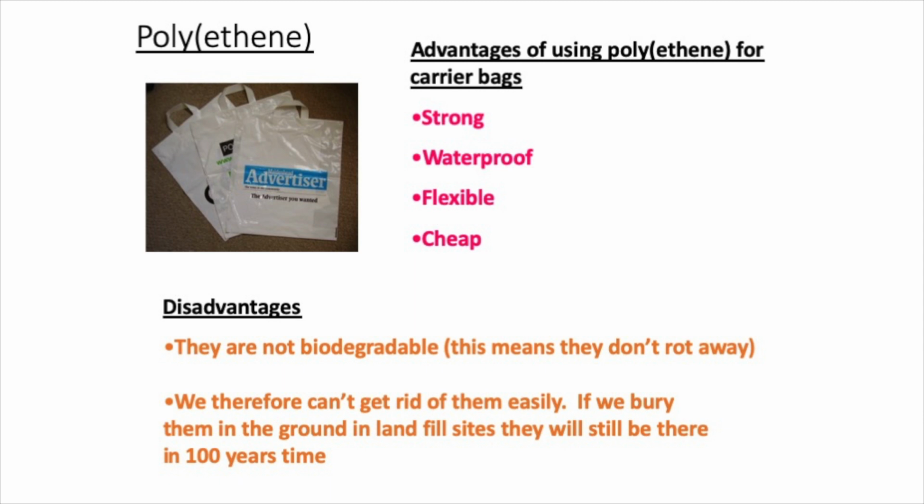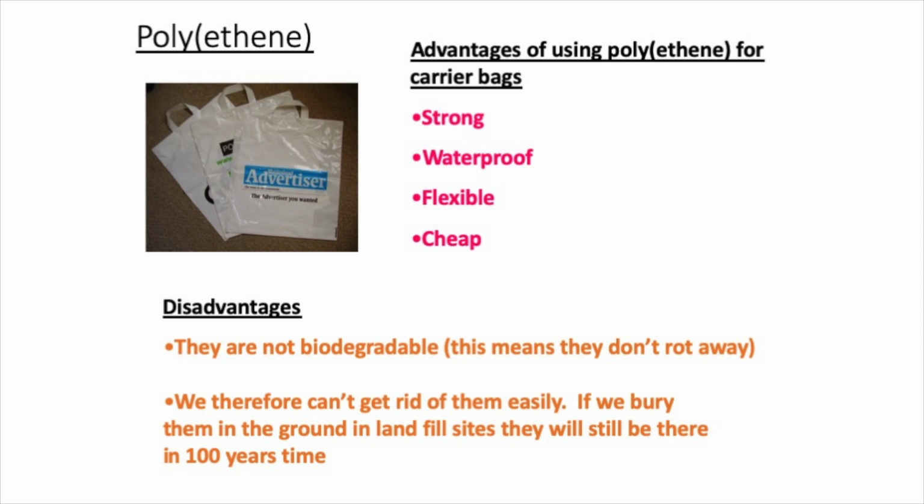And that means that when we try to dispose of polyethene, it is filling up landfill sites because it's not rotting away. Now, these plastics are difficult to dispose of, not just because they're not biodegradable, but because when you try to burn them, they give off toxic fumes.